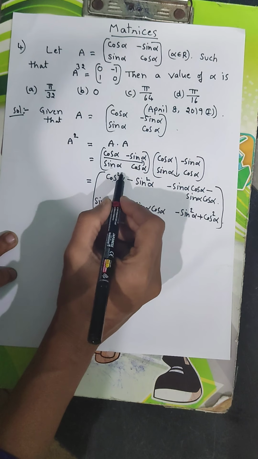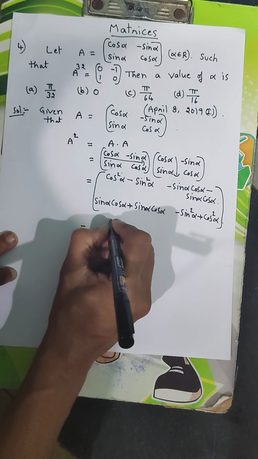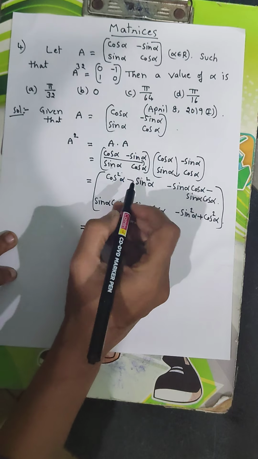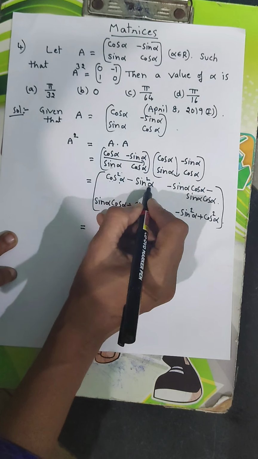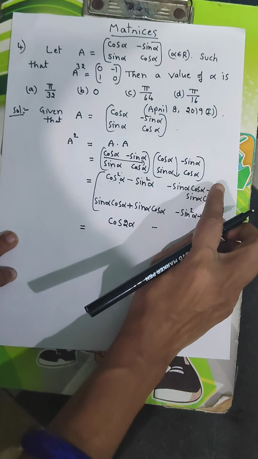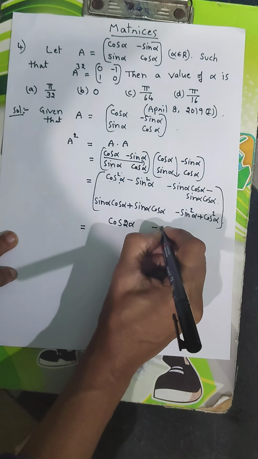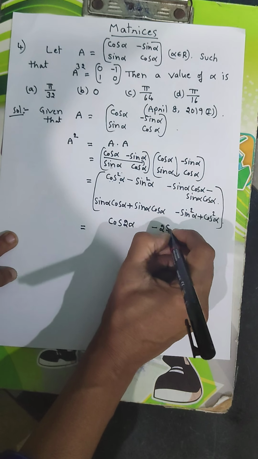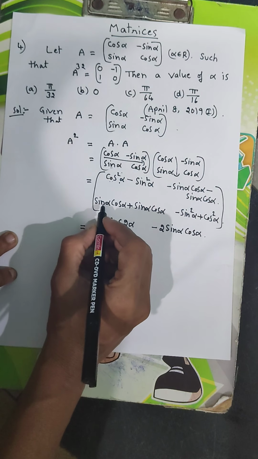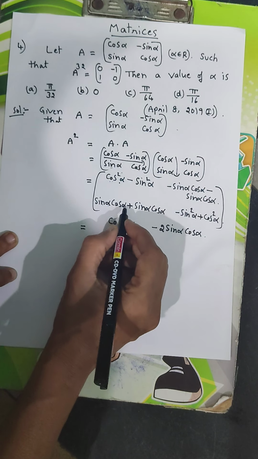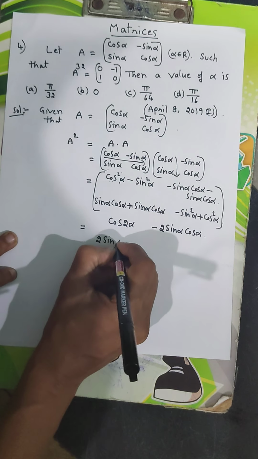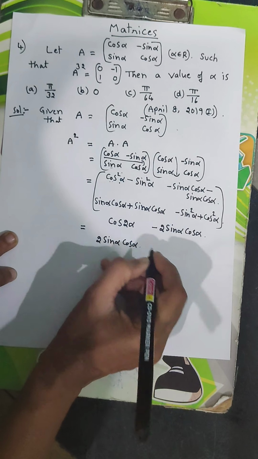We know that cos square alpha minus sin square alpha is the cos 2 alpha formula. So minus sin alpha cos alpha two times is minus 2 sin alpha cos alpha, and sin alpha cos alpha plus sin alpha cos alpha is written as 2 sin alpha cos alpha.